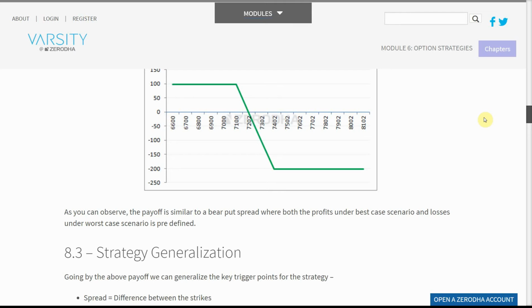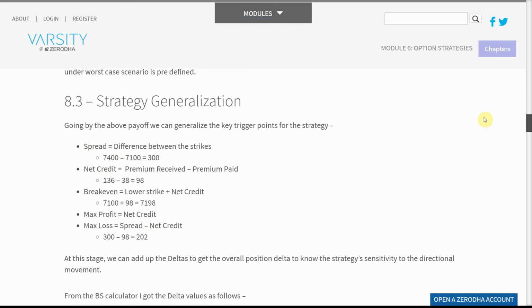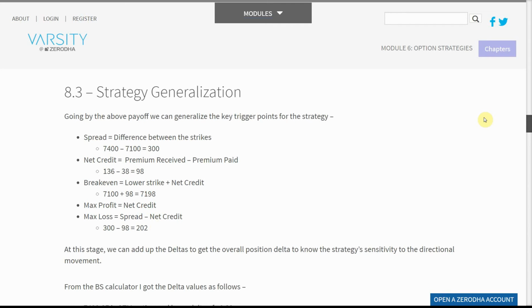8.3 Strategy Generalization. Going by the above path, we can generalize the key trigger points for the strategy. Spread equals difference between the strikes: 7400 minus 7100 equals 300. Net credit equals premium received minus premium paid: 136 minus 38 equals 98.